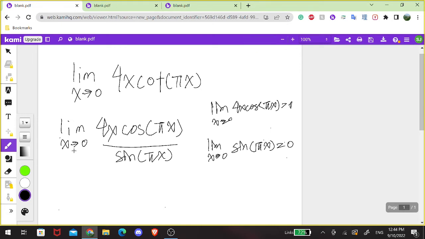If you do not know the unit circle very well by now, you should not be doing these kind of problems. You need to go remember the unit circle first. So on top, it's 4x times cosine of pi x. You plug 0 in, so it'll be cosine of 0, which is 1, times 4 times 0, which is 0. Bottom, sine of 0 is 0.